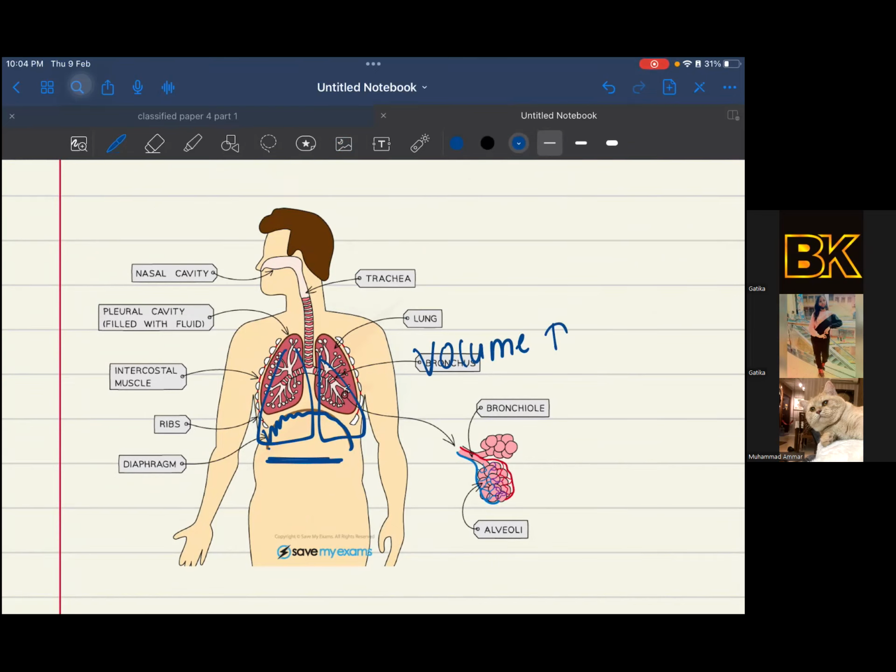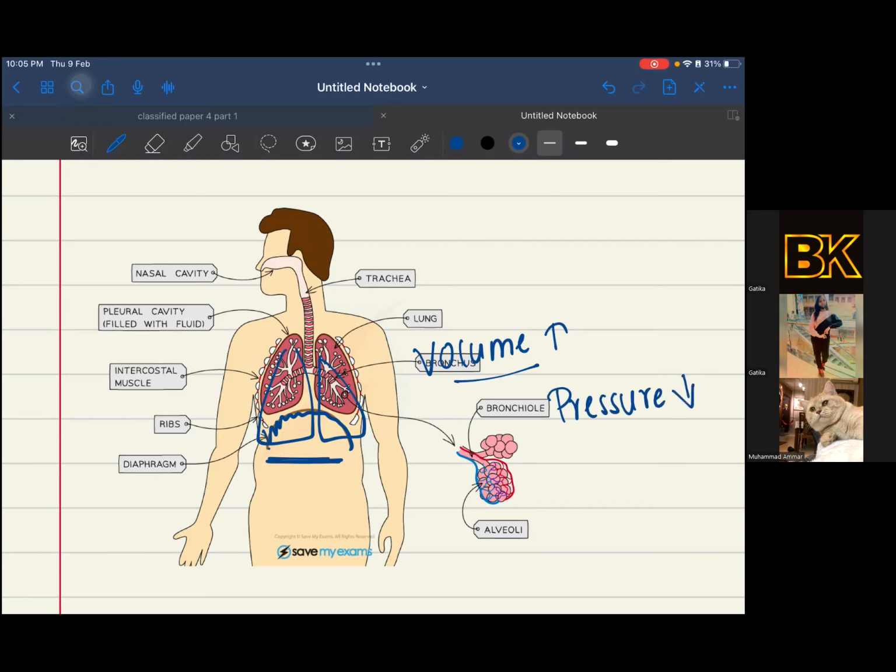Does that happen when we breathe in? Yes, that is correct. When we breathe in, the diaphragm contracts, it flattens, so our lungs can expand and the volume will increase. Yeah, I understand. Now, when volume increases, consequently, this you would have learned in physics, volume is increasing, pressure will decrease.